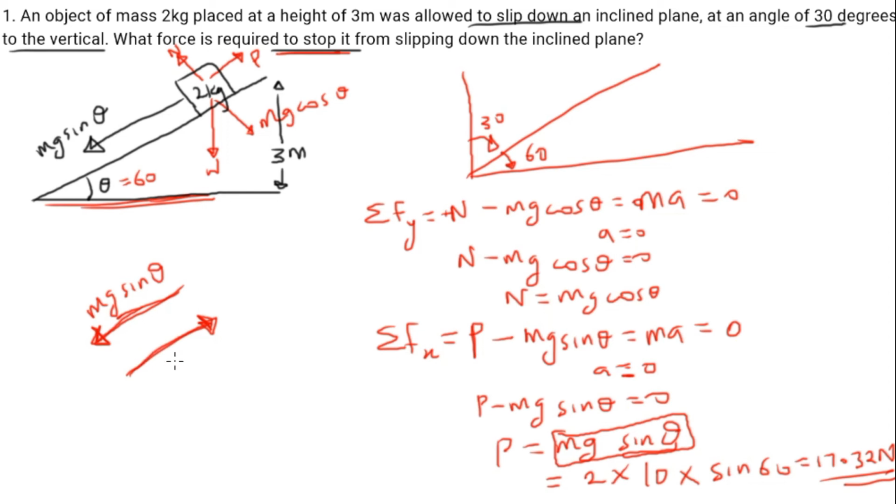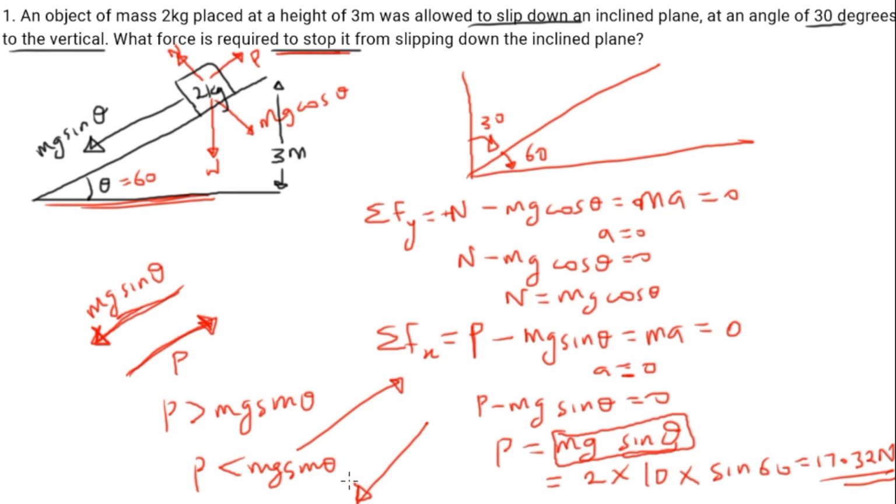If this force P is more than mg sine theta, then the object will move upwards. But if this force is not up to mg sine theta, then it will not be able to stop the object. Then the object continues to move, but with less acceleration. So for the force P to stop this object, it has to be equal in magnitude but opposite in direction to mg sine theta. Now let's solve the next problem.